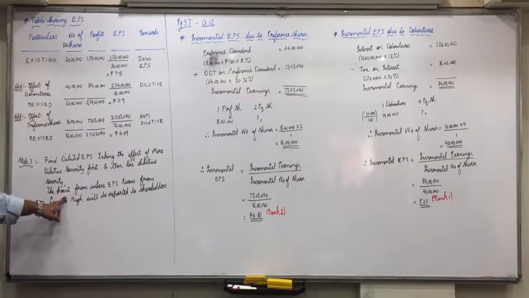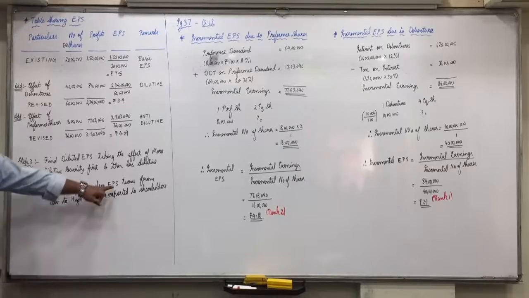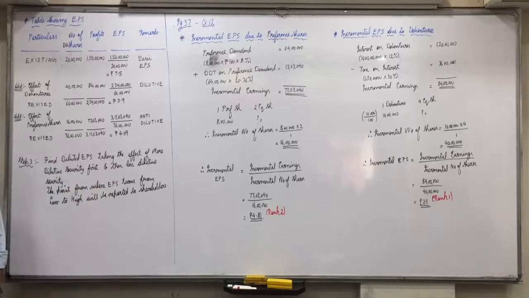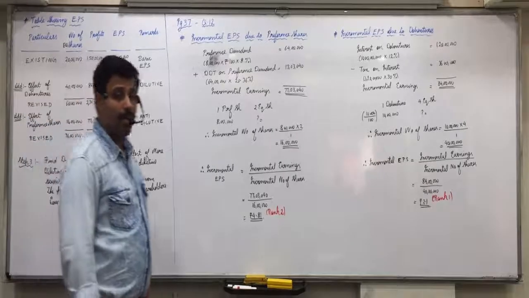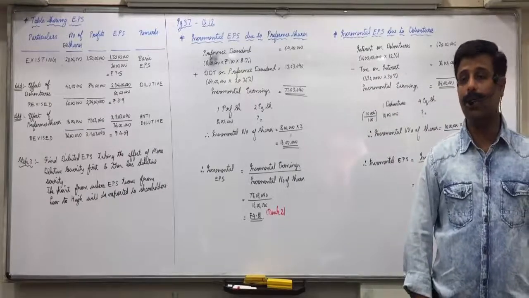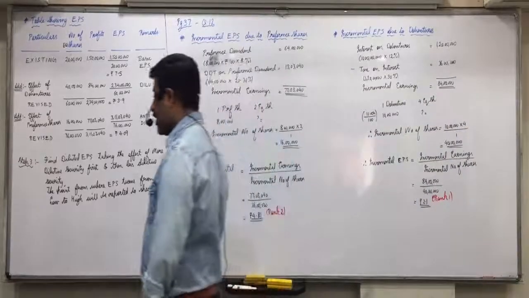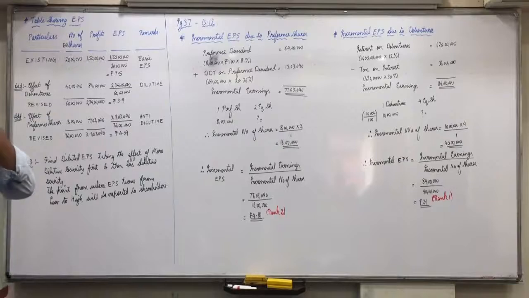Full stop. The point from where EPS turns from low to high, that is rupees 3.9, will be reported as diluted EPS to equity shareholders. Did you understand this?